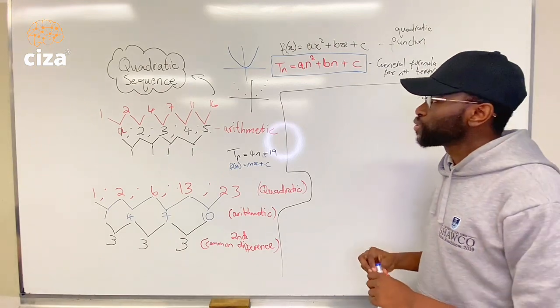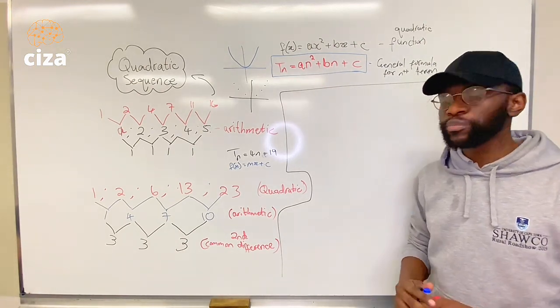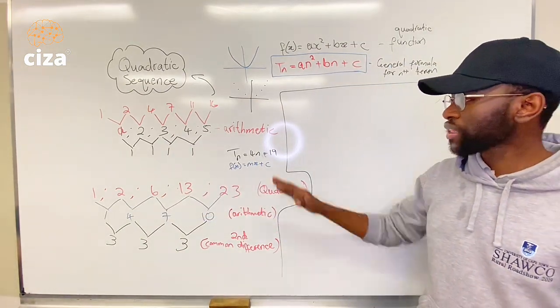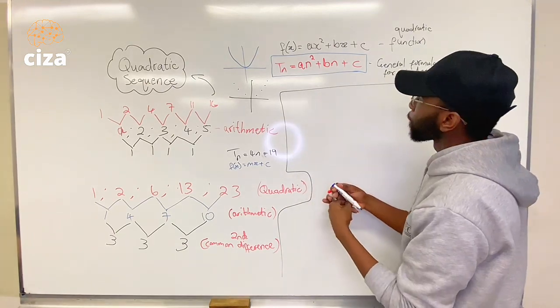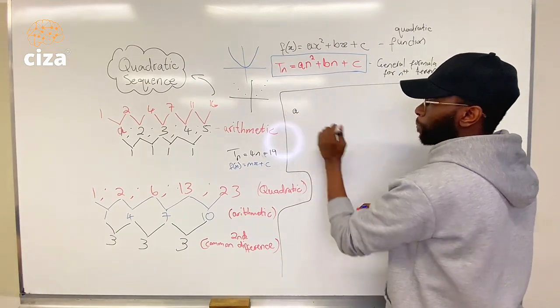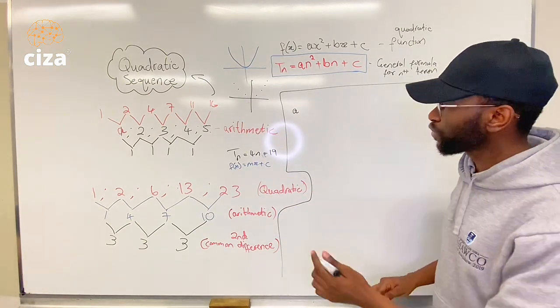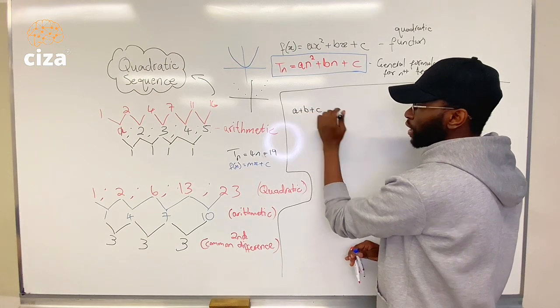Now let us see how we get this general formula from our sequence. You might remember that in the arithmetic sequence, our first term is denoted by a.